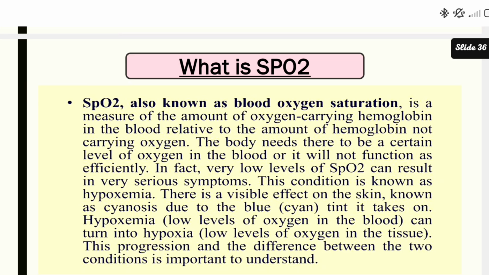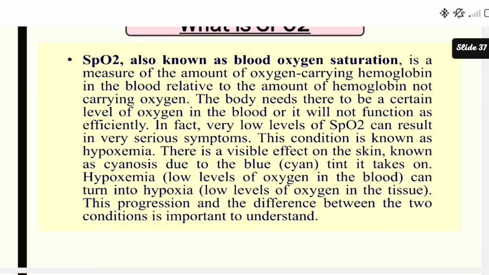Okay. So what is SpO2? SpO2 is also known as blood oxygen saturation, a measure of the amount of oxygen-carrying hemoglobin in the blood relative to the amount of hemoglobin not carrying oxygen. Right. So by measuring SpO2 we can identify whether the right amount of oxygen is being delivered in the human body or not, okay.